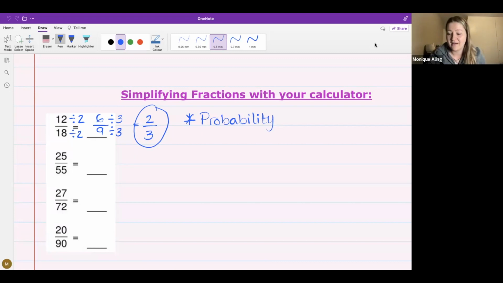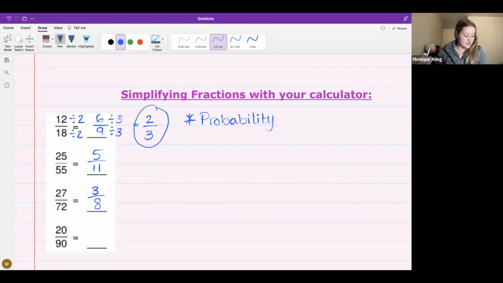What did you get for the second fraction? Sorry, second one, I got 5/11. 5/11. Perfect. Well done. And while you're at it, do you want to let us know the other two? Yes. For number 3, I got 3/8. 3/8. Fantastic.